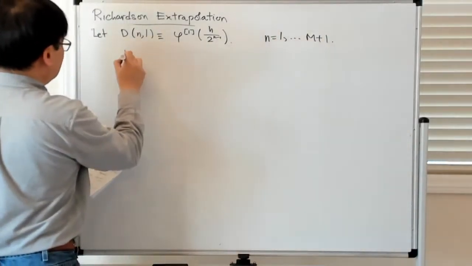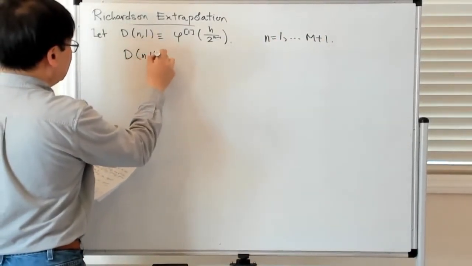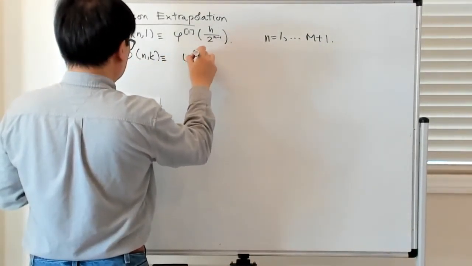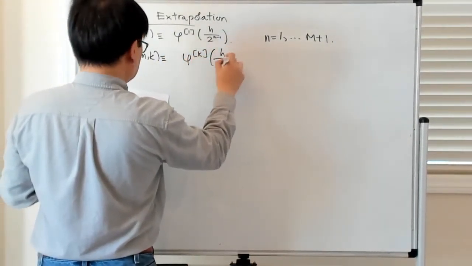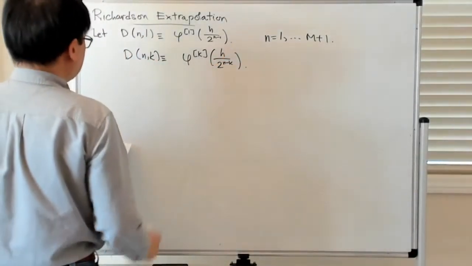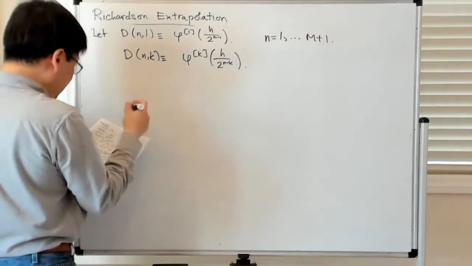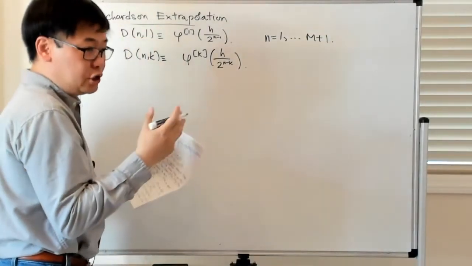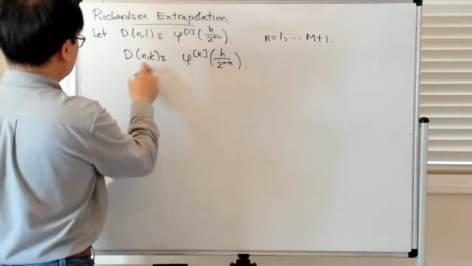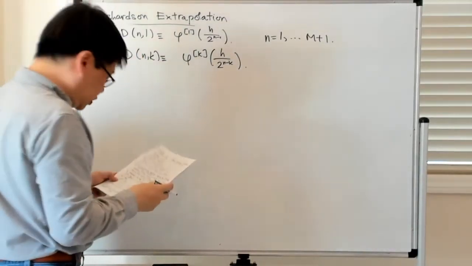Okay, so D(n,k) is going to be just phi k of h over 2 to the n minus k. With that, I can then write down the relationships between phi k plus 1 and phi k in terms of the entries of this matrix.